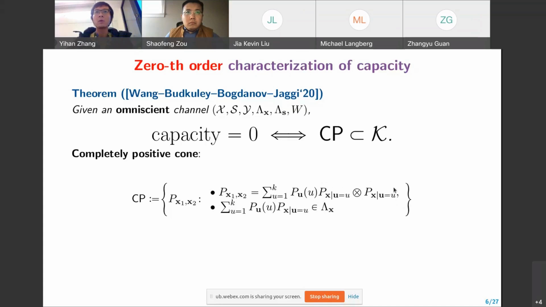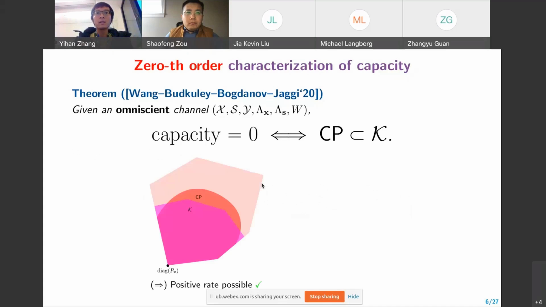So if I have a product distribution, I have good codes with high probability. But here, this is a slight generalization of that because I can take convex combinations of product distributions. The intuition here is that it has some operational meaning that we call coded time sharing. So this P of U actually corresponds to some time sharing sequence. This set of distributions is independent of the channel. It's well defined. It's just a set over there.